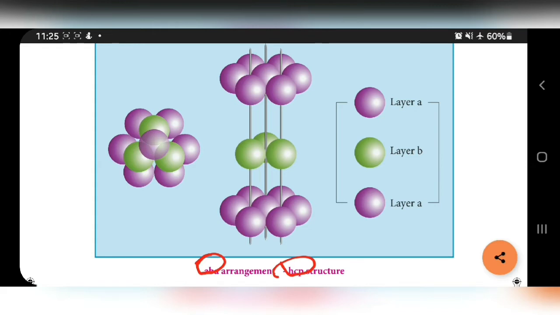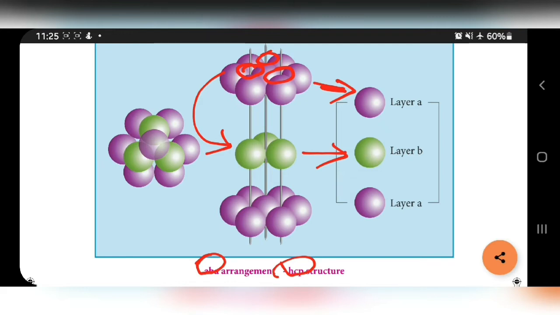See here, if this is the A layer, atoms are placed in the depression of the first layer. So here one atom, here one atom and here one atom, and you will get this second layer. It is termed as the B layer.